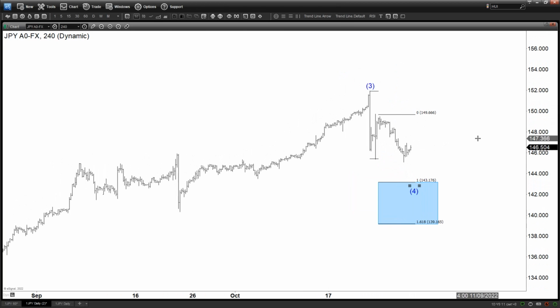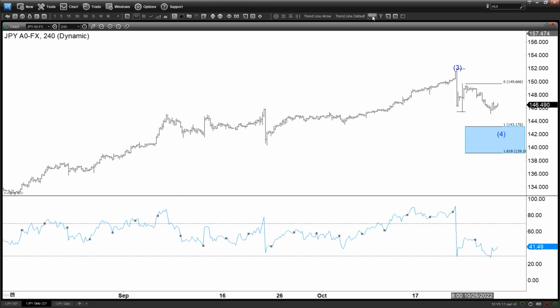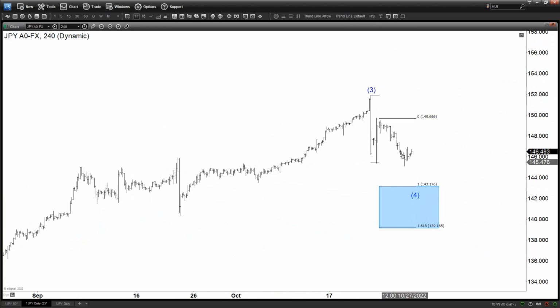Now another thing that we need to figure out here is, let's take a look here. Okay, it's a little bit tricky, to be honest. The structure is a little bit tricky here, but let's say if we rally quite big like this, right? If we rally quite big like this, then you can conclude the cycle is over, right? Because it's too big to be part of the same Y leg. So if you see a big rally like this, the conclusion is either this is your wave 4 and we go to a new high, but only a break above this previous peak is going to confirm that this is really the end.